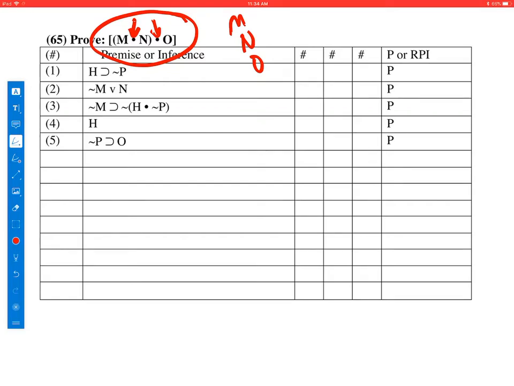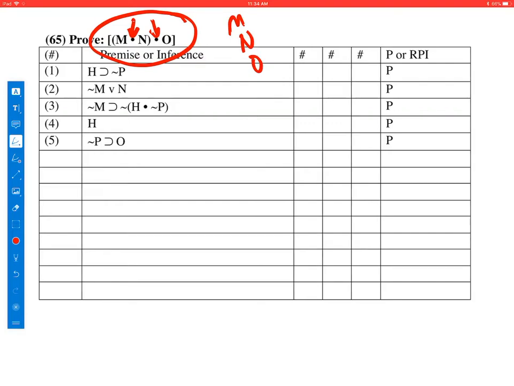Not sure which one is the easiest to go for first. Let me go after the M first, which I can get from line 3, but that requires the opposite of that consequent, H and not P.